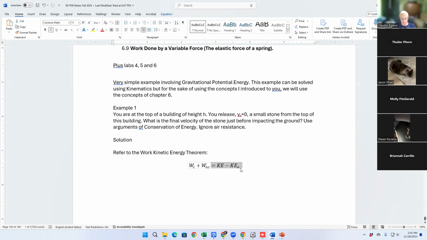So let's rewrite that. Here you go, half m v squared. Here is half m v naught squared. Ignore air resistance.